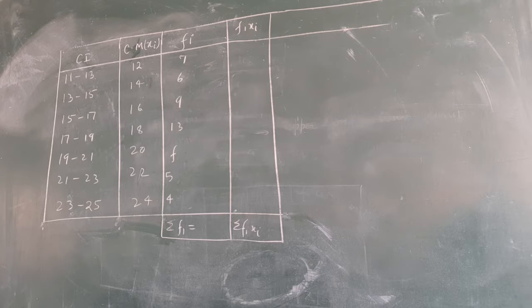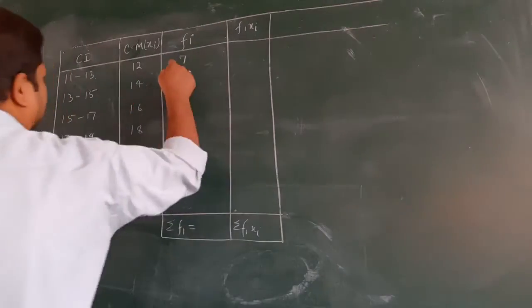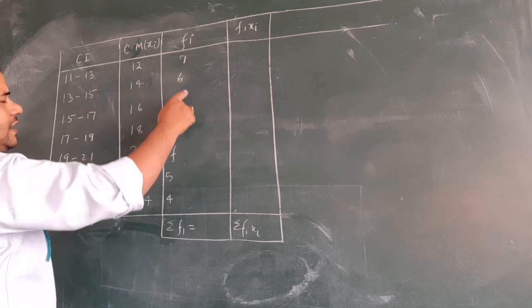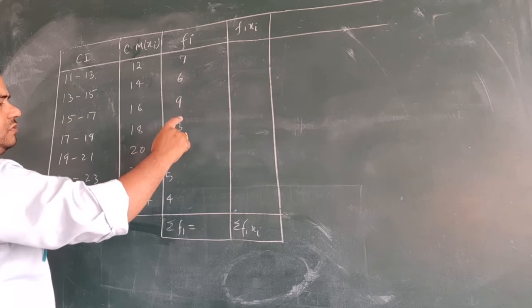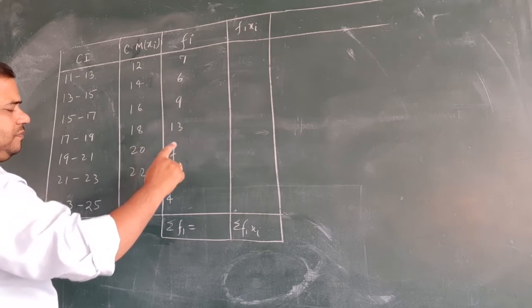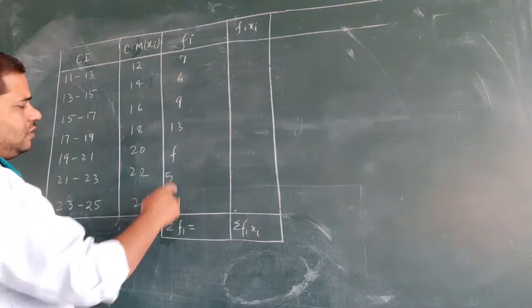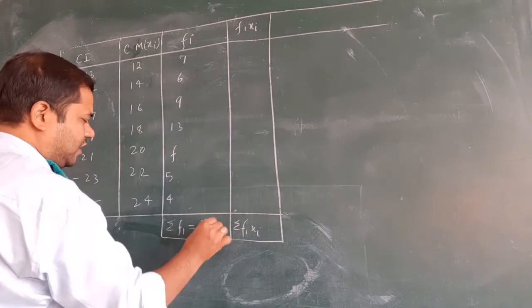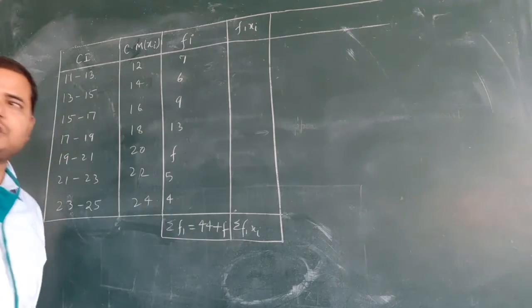So see, fi is what? Add it: 7, 6, 13, 9, 22, 25, 10, 35, 40, 44 plus f. This is 44 plus f, which is sigma fi.